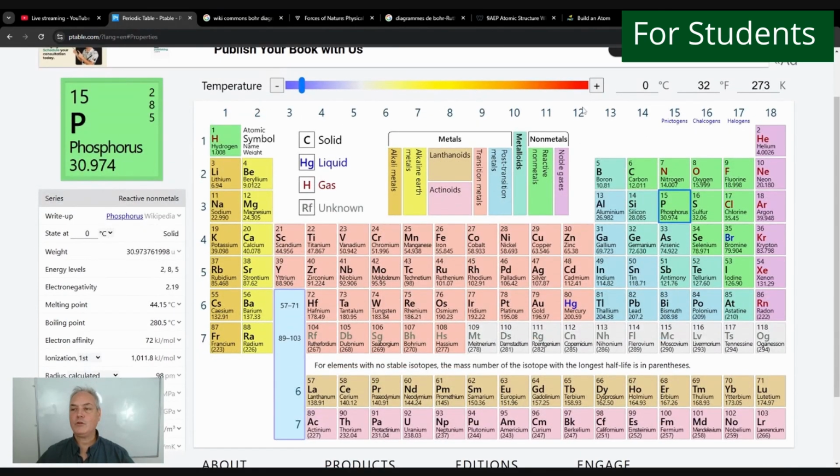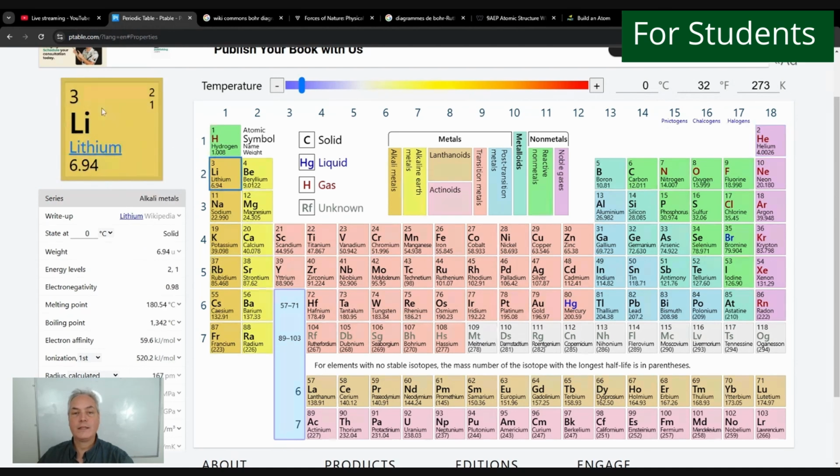So when you look at this overall table, there are a few things to look into. First of all, let's look at the atomic number. Here I have hydrogen, and I have a 1 in the upper left corner. If I do helium, I have number 2.